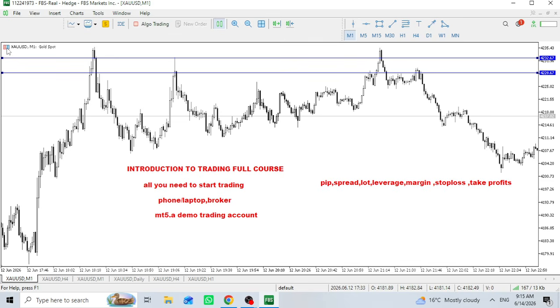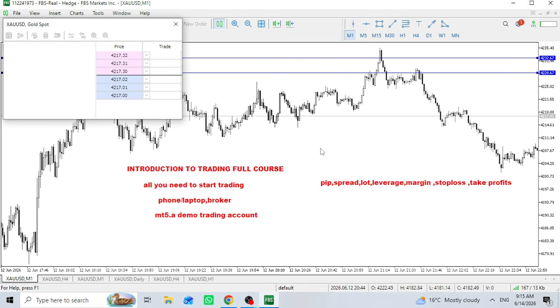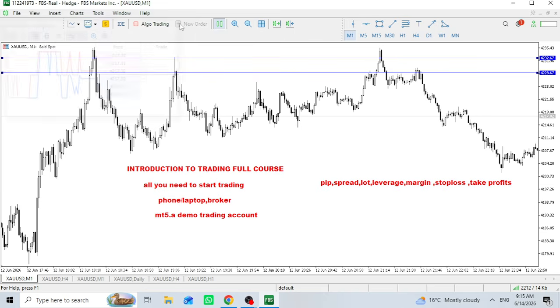Today the market is closed, so I can't show it. But a stop loss is what you put on a position if you click buy. Let's say you have $100 and you want to risk $20 per trade.